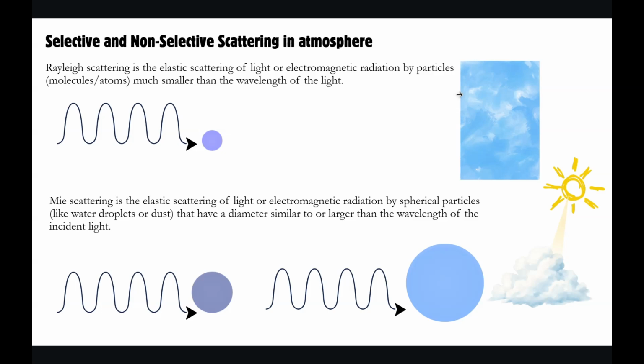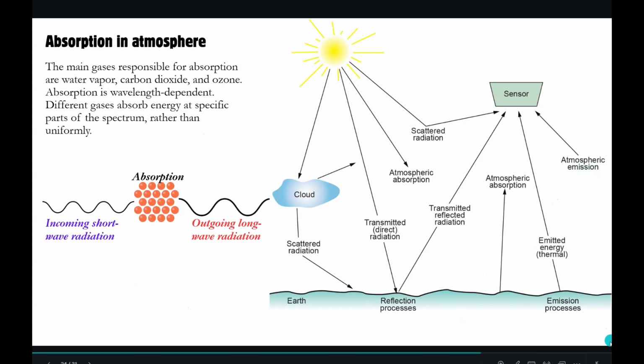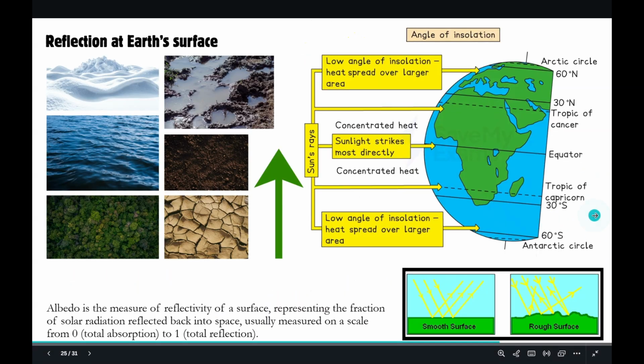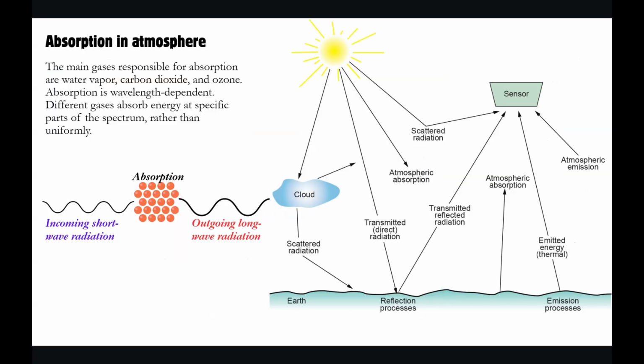Today we are going to move one step ahead. Rather, we are going to take 2-3 steps wherein we will learn how this electromagnetic radiation interacts with the atmosphere. There are two processes. One is scattering, and the other one is absorption.